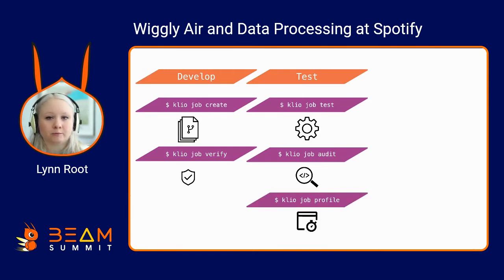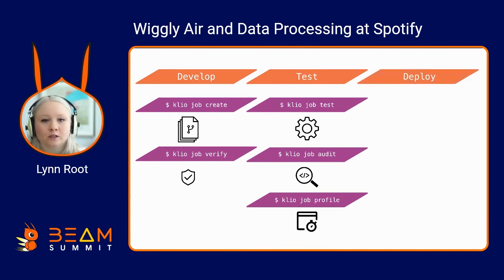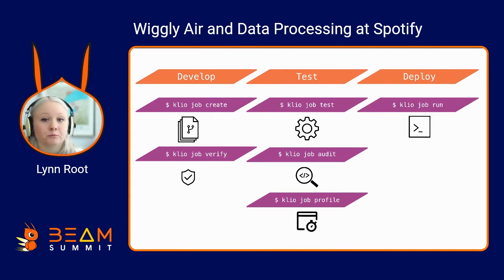The Clio job profile command will profile memory and CPU of a job's transforms, helping users pinpoint any undue resource usage or bottlenecking behavior. And this also helps figure out what kind of machine type to use when running the job on Dataflow. Once the user is happy with the job setup, they can run Clio job run, and this deploys everything needed to Dataflow and kicks off the job, or if desired, they can run locally with the direct runner.